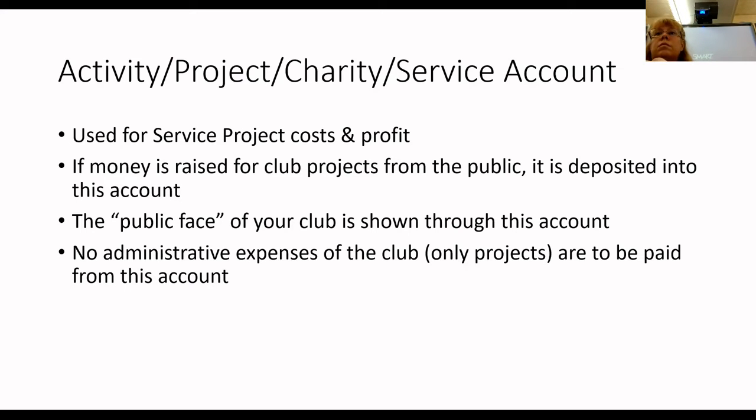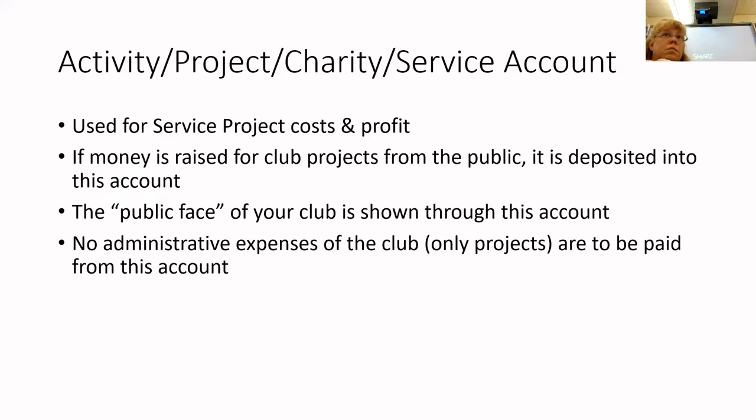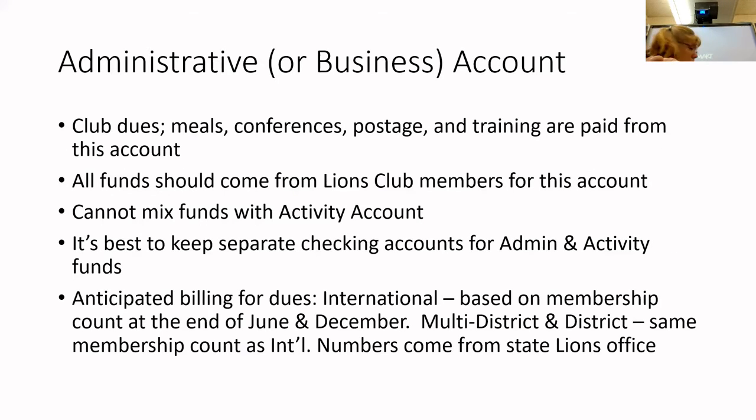One question we always get is, do we need to have two accounts? If you can get two accounts and they're free, get two accounts. It's much easier. Otherwise, you have to keep it separate. You have to have another set of books where you're keeping it separate all the time. The public face of your club is shown through this account.